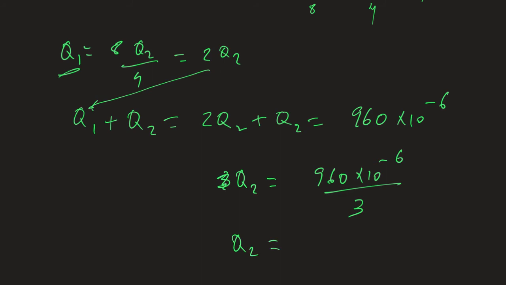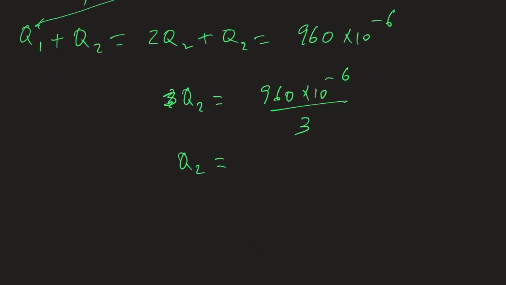960 divided by 3 is 320, so Q2 is 320 by 10 to the minus 6 coulombs, while Q1 is the remaining charge.